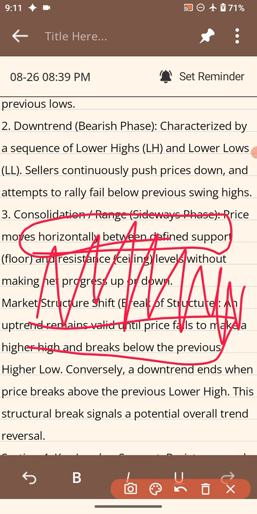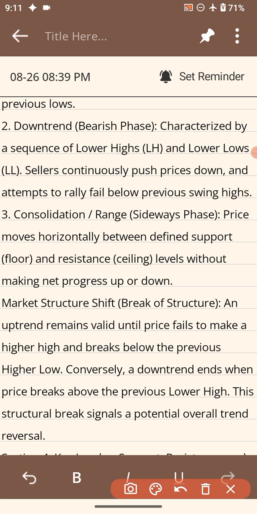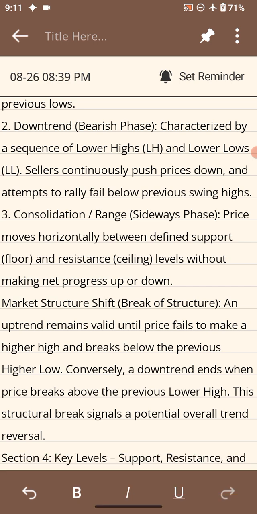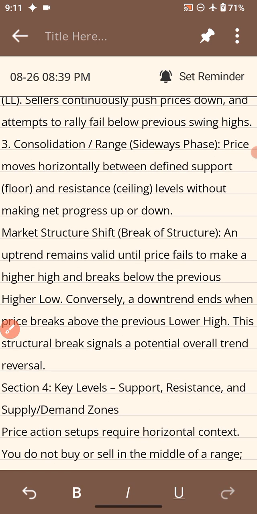The market is just going sideways over and over again. It is refusing to go upward or downward, and that's just the sideways movement of this chart. So I'll show you that as well in the market.